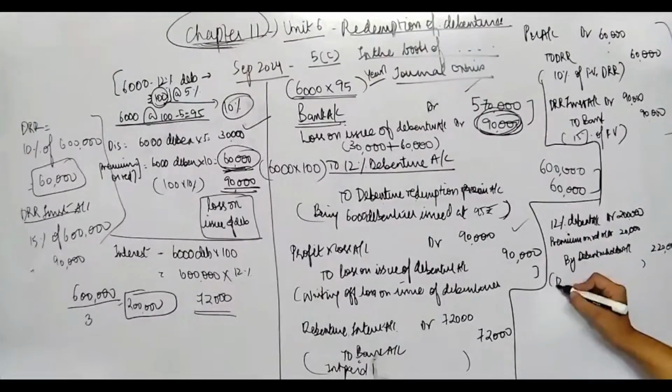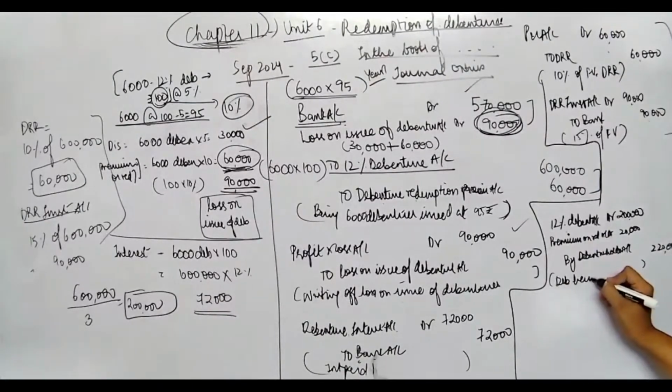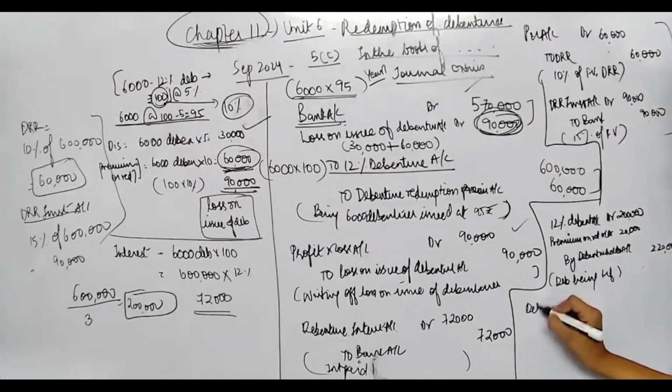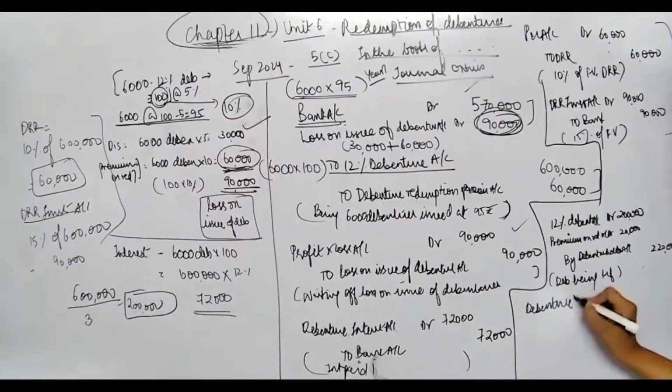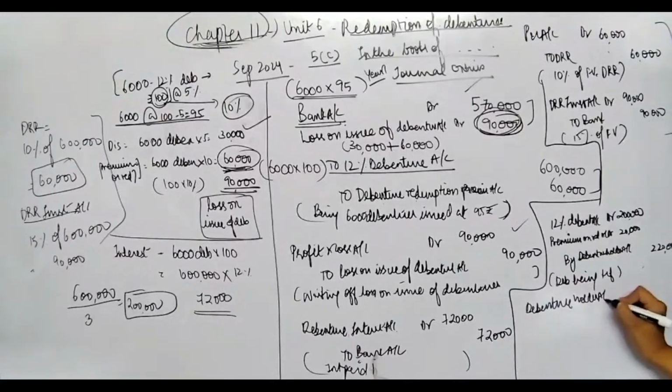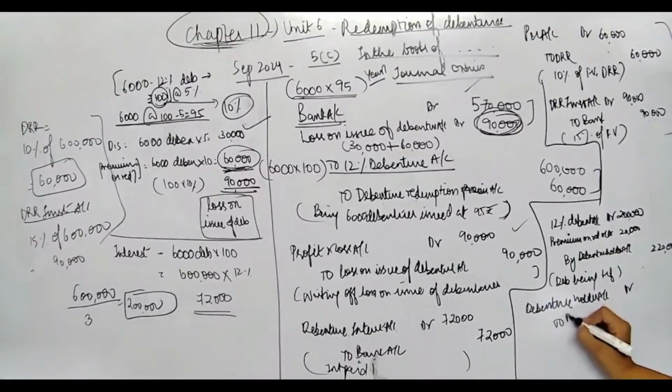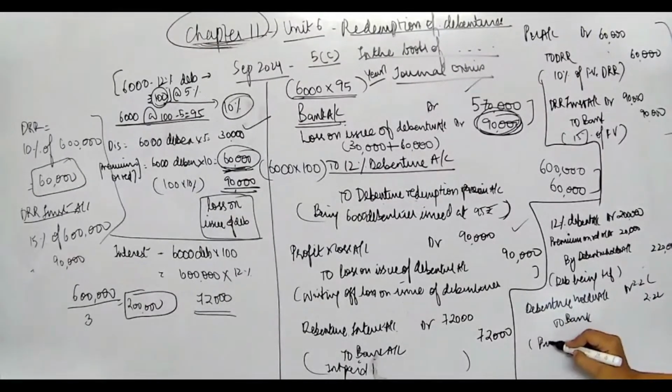So this is by the debentures being transferred. Then when you are making the payment, simple. Debenture holders account debit to bank account. That's all. How much is the value? 2,20,000. Okay. So this is the payment made.